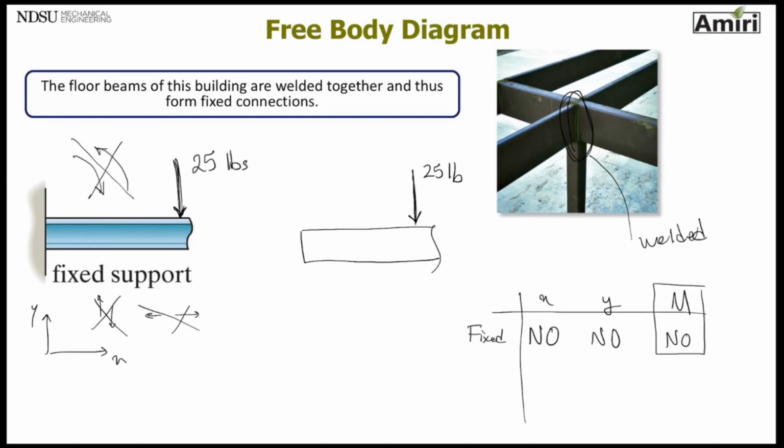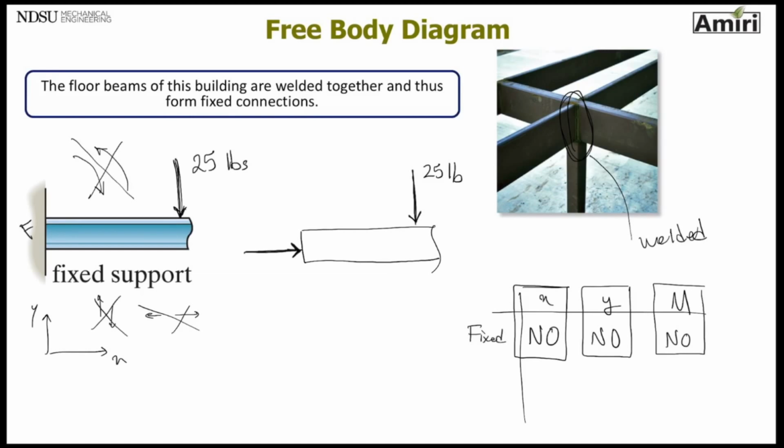What do I care about? I care about the nos only. Every time I see a no, I'm going to put a force or a moment in that direction. In X direction, the answer is no. Let's call this point F. We usually use F for forces, but this is a fixed support, so let's put F there.